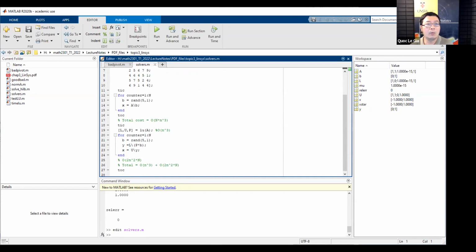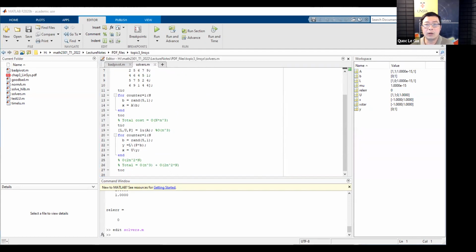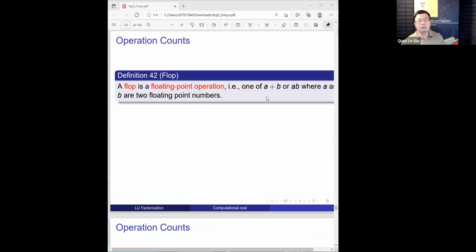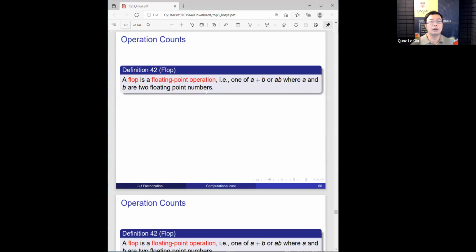So now we introduce the operation count. You count how many floating point operations, and then you can compare the two algorithms. For example, if I take a and b, two floating point numbers, and I add them or multiply them, we call it one flop.